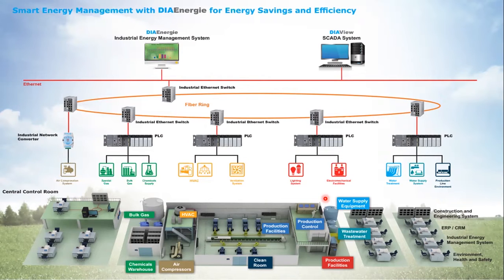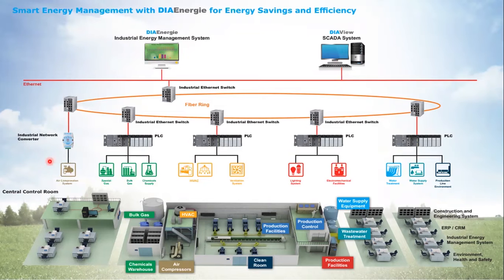So the purpose of the EMS software is to help you visualize all the energy consumption, and also help you do the management to improve the whole system, or even to save your cost.